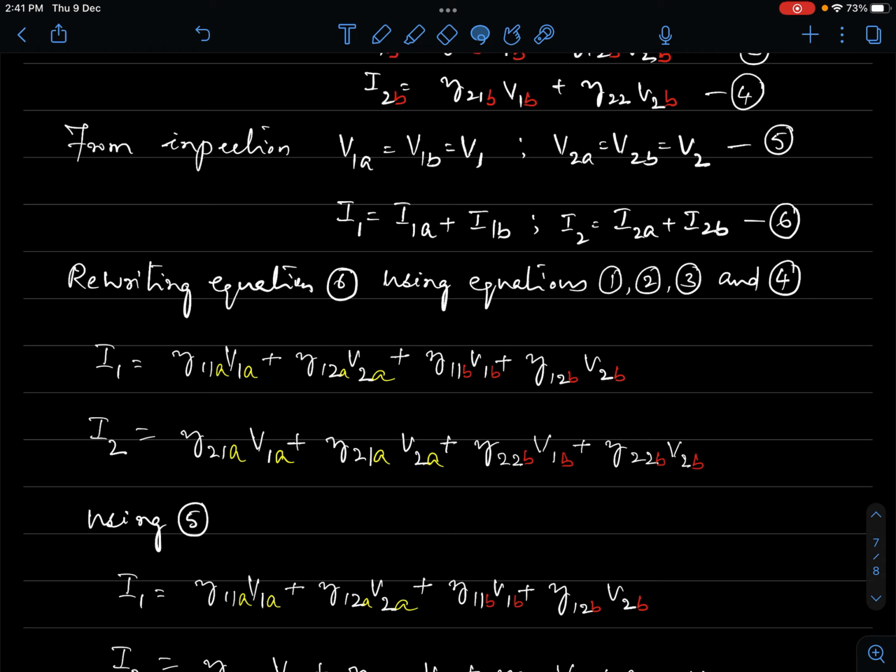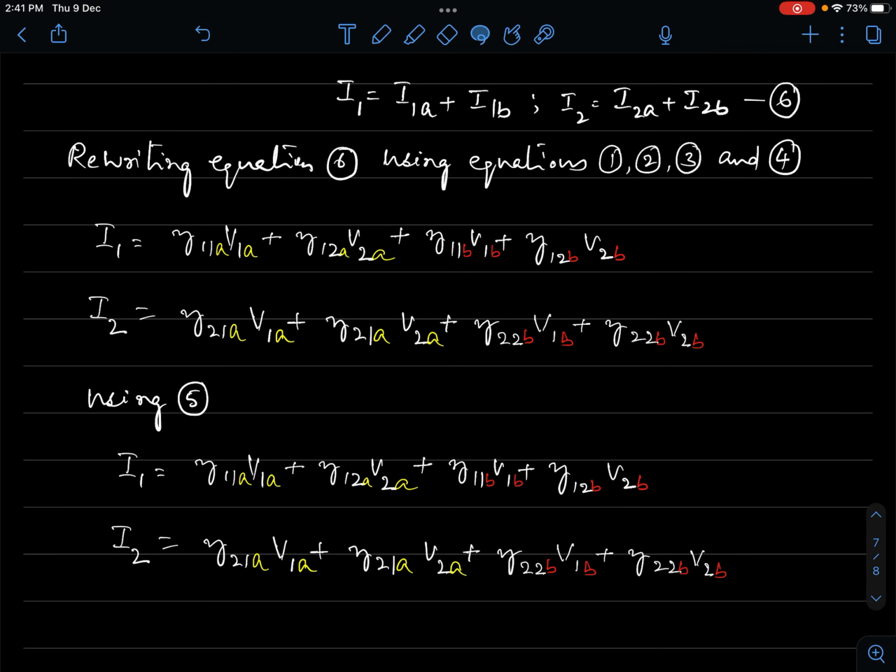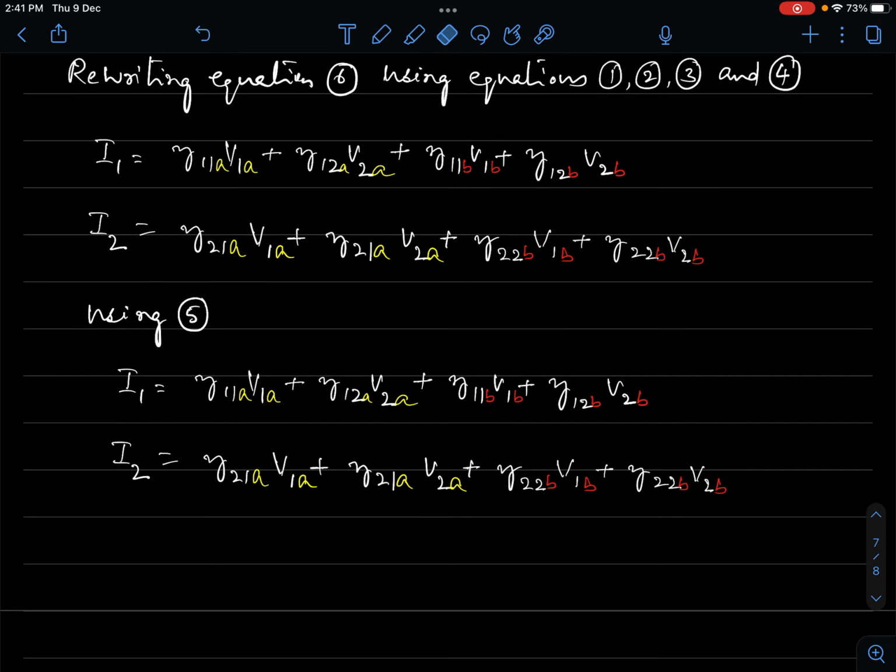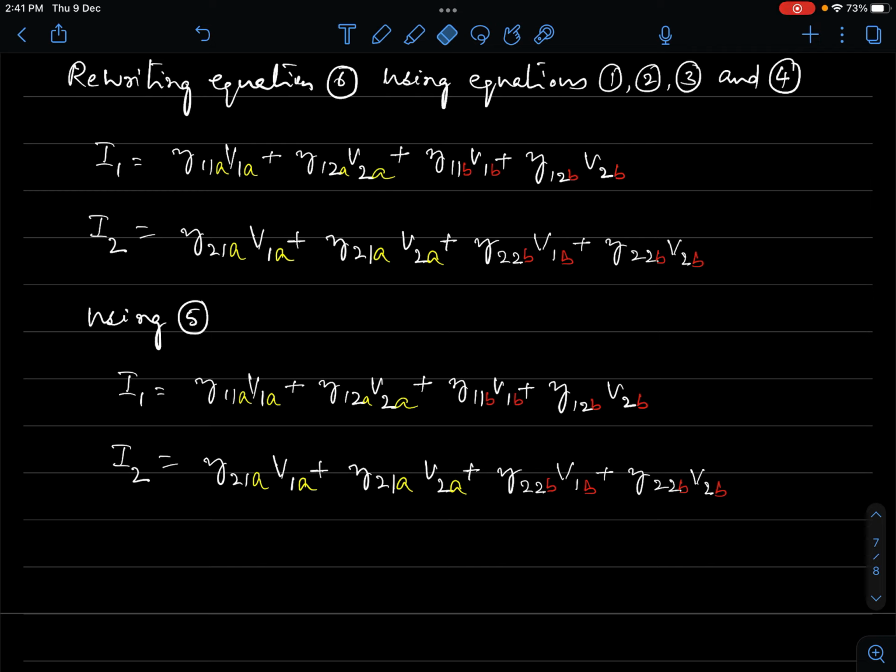So from equation 5, wherever I have V1A, I'll replace it by V1, V2A by V2, V1B by V1, V2B by V2, V1A again by V1. I'm just removing this subscript. What is equation 5?